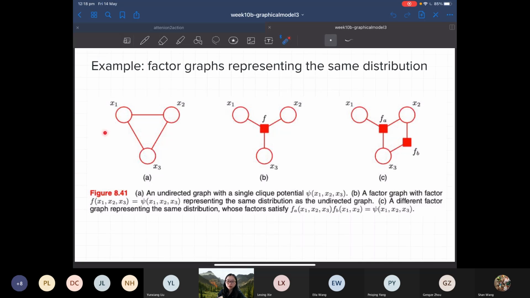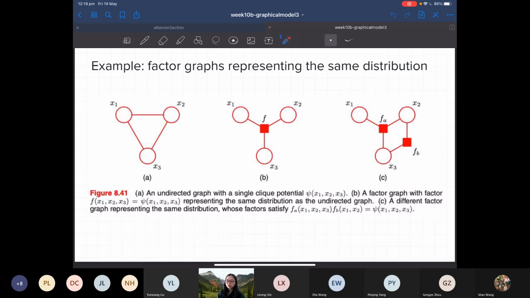If we have fully connected x1, x3, x2, and x3, we can draw a factor that connects to all three nodes, or we can actually draw two factors, one describing the joint of all three nodes, and another one describing the structure that's encoded in x2 and x3. So factor graphs are not unique, right?